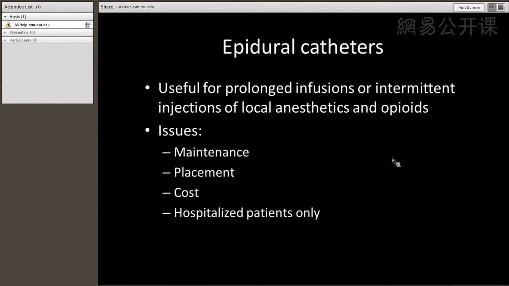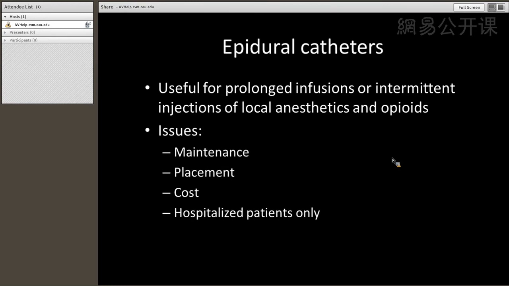They are costly, so it will increase the cost for your client, but one of the benefits is that you get infiltration of these drugs and they're going to have an effect at the spinal cord, and typically you don't get the sedation that comes with injectable morphine or hydromorphone, for example. And you can only use these in hospitalized patients, so you can't send a patient home with an epidural catheter.